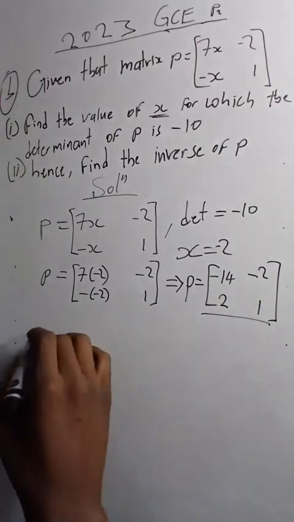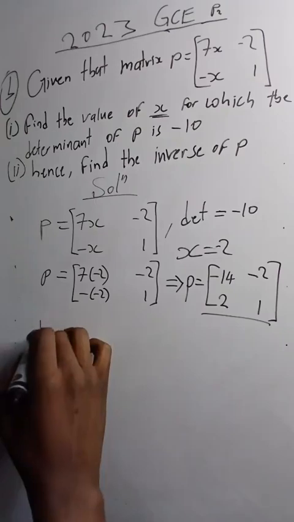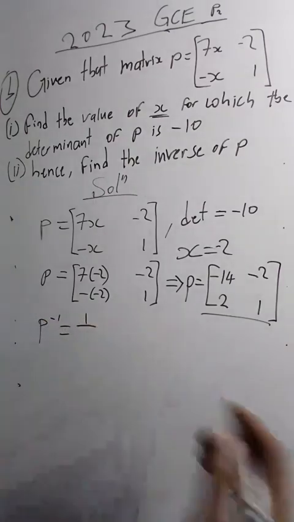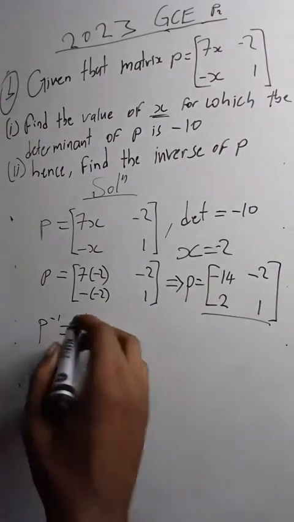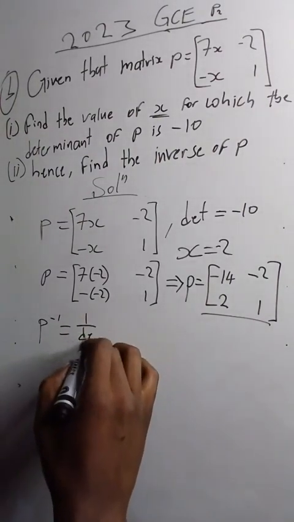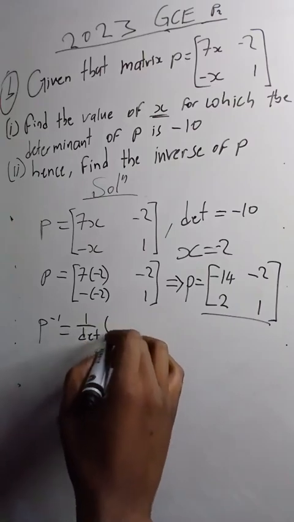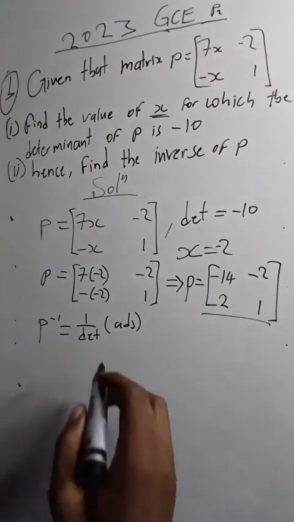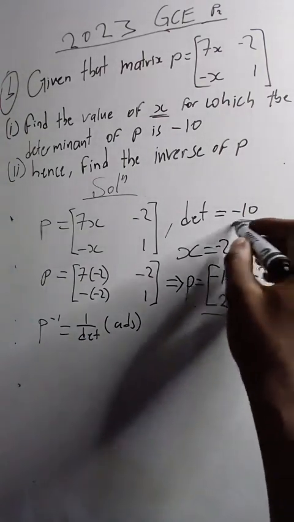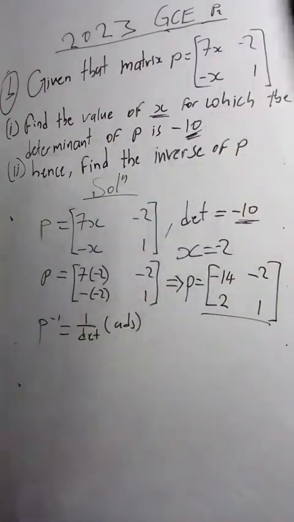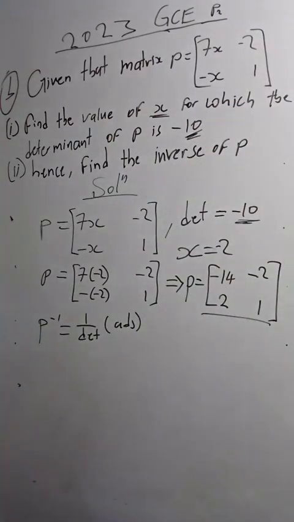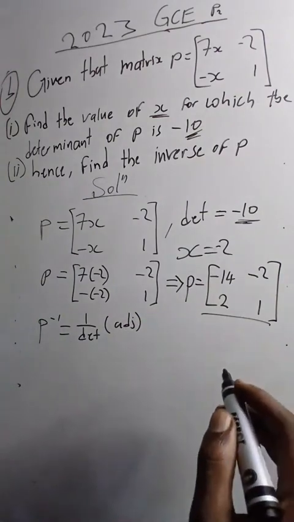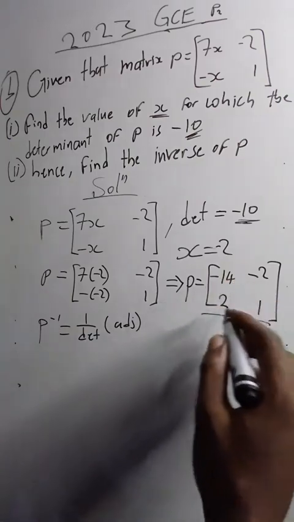Now the formula for finding the inverse goes like P inverse is equal to 1 over determinant times the adjoint. We already have the determinant given from the equation. What don't we have? The adjoint. How do we find the adjoint? We get it from the original matrix.